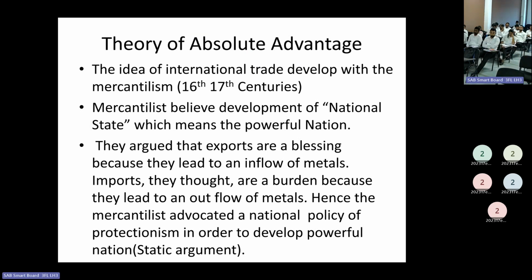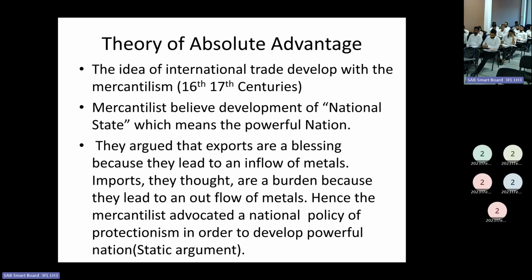Export means we earn foreign exchange. Through exports we can get the metals, gold and silver. Importing should be discouraged, because imports mean outflows: metals outflows, foreign exchange outflows. That should be restricted.